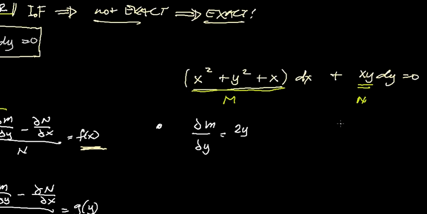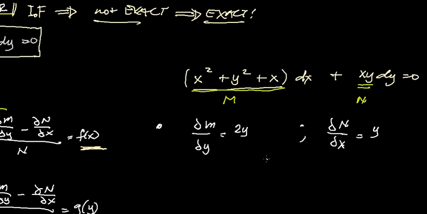While the partial derivative of N with respect to x: we only need to consider x and let y be constant, so the derivative of x times some constant is just the constant, y.